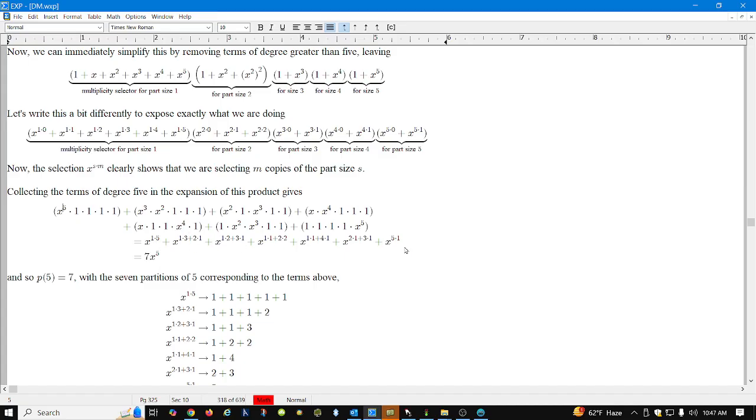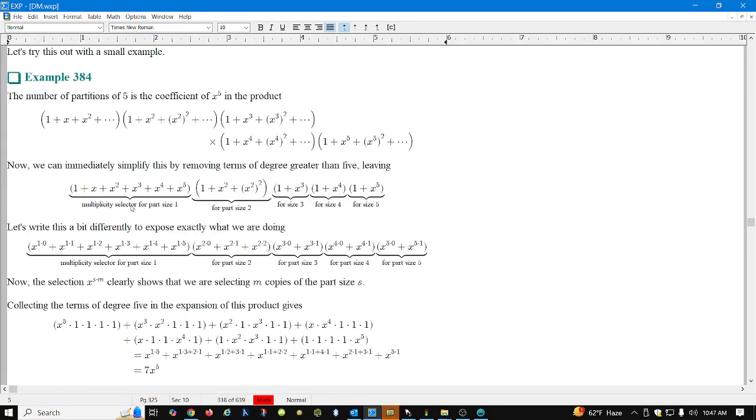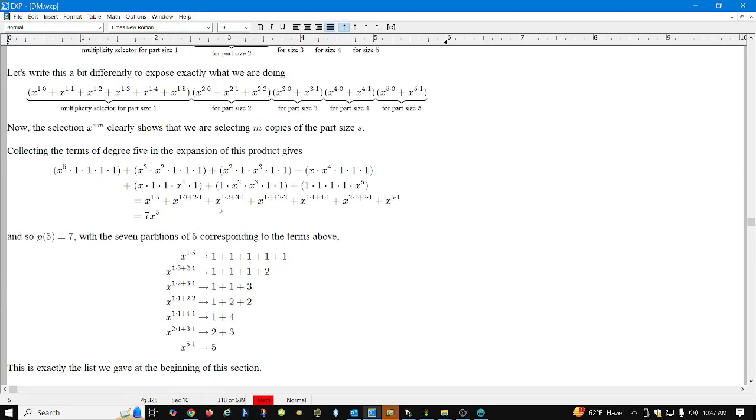But this is what I got, and there are 1, 2, 3, 4, 5, 6, 7 terms of degree 5, so 7 x to the 5th. That's the term of degree 5 in this product when you write it all out. And these are the individual parts that make up that term.